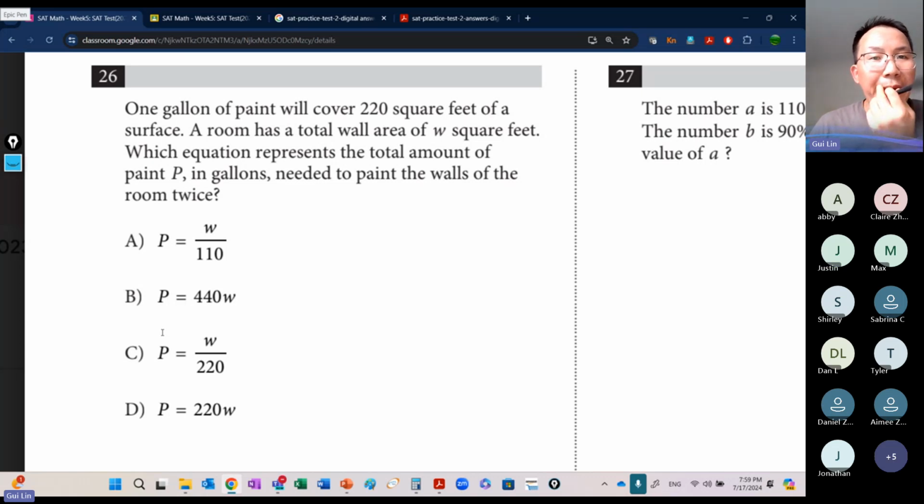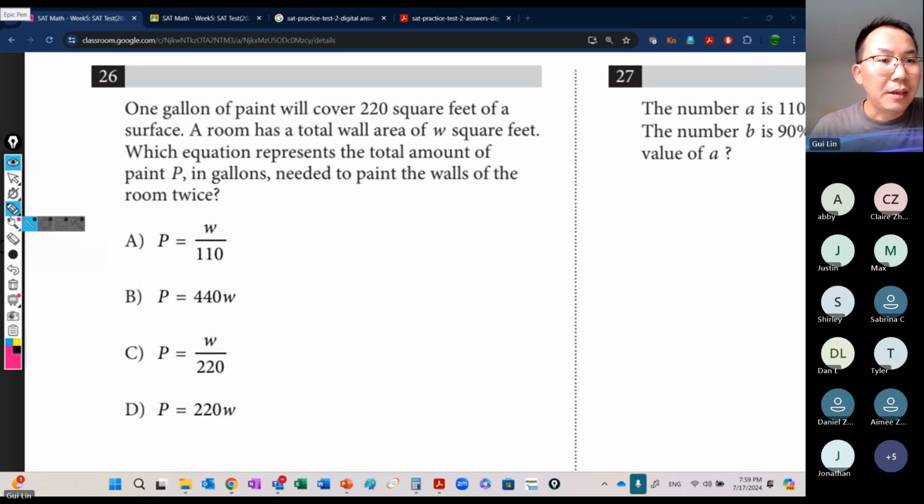1 gallon of paint will cover 220 square feet. A room has a total wall area of W square feet. Which equation represents the total amount of paint P in gallons needed to paint the walls of the room twice?